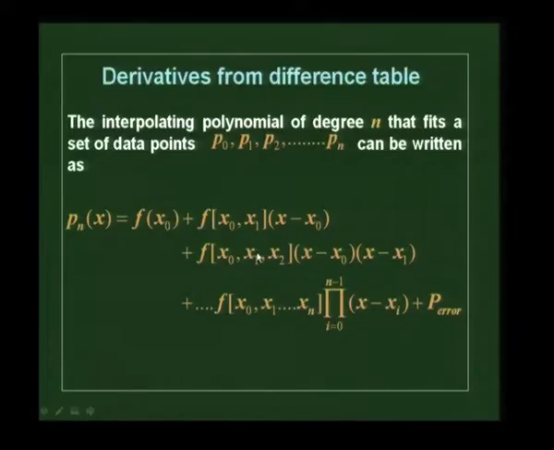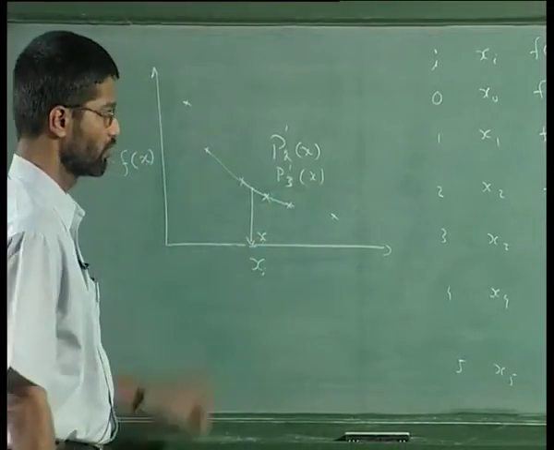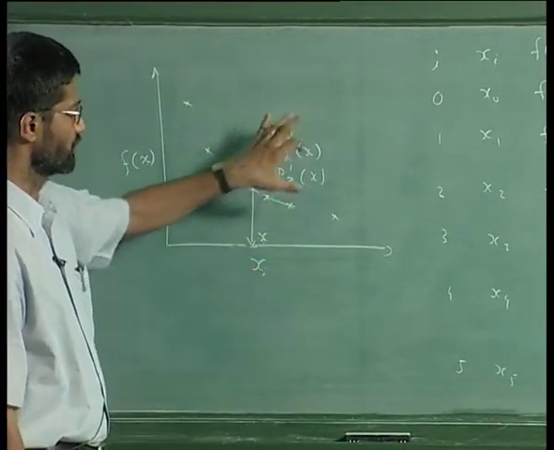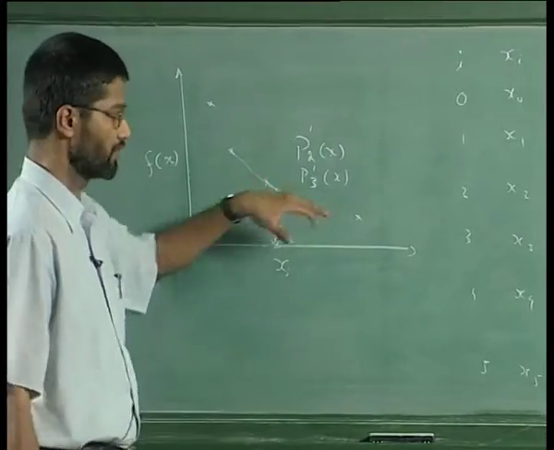But I said that if we want to evaluate a derivative at any point in between, there is no need to enter the difference table from the top. We could enter the difference table somewhere in between.